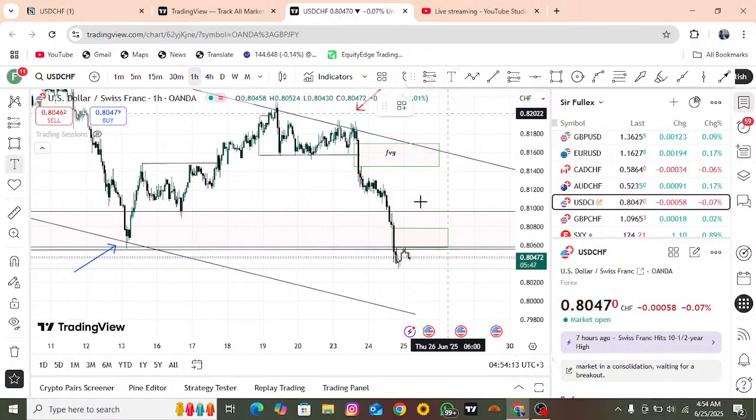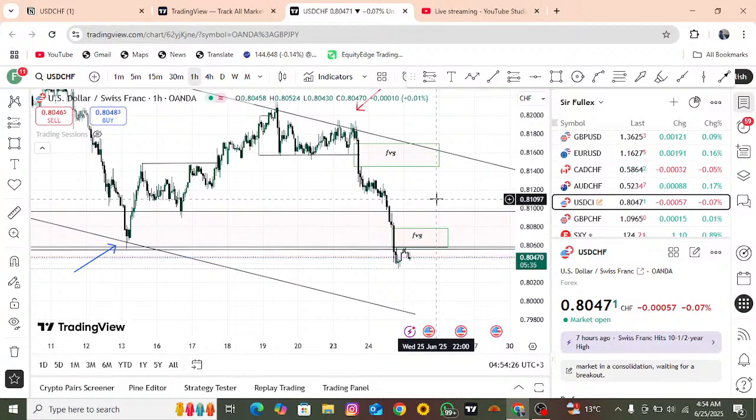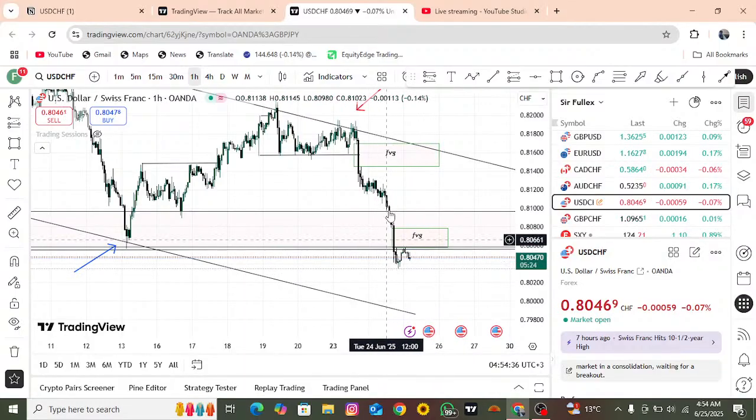Another one is here. Another fair value gap, which is here. The market has not reacted to it. So these act as my magnets, attracting price. So price broke below the zone, currently testing the zone.